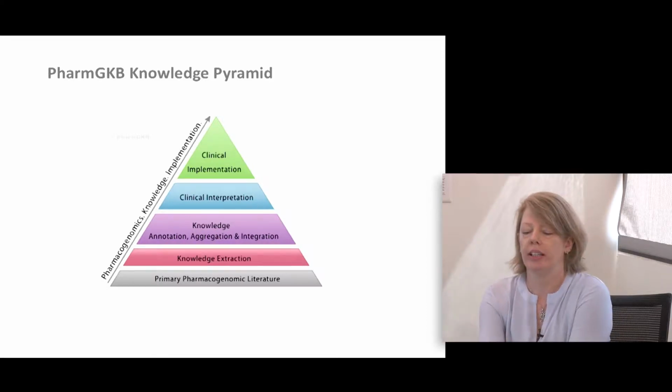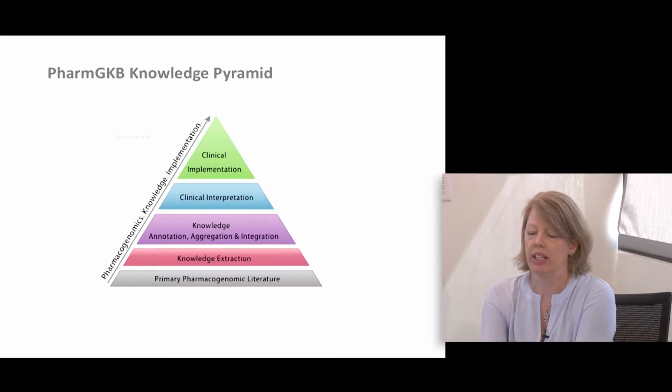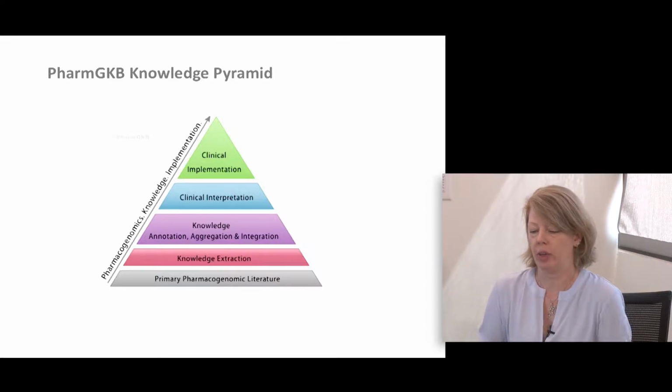So this pyramid that you see right now represents the information contained in PharmGKB. They call it the knowledge pyramid. And at the bottom layer, the base, you can see it says primary pharmacogenomic literature, because that's basically what everything in PharmGKB is based off of.